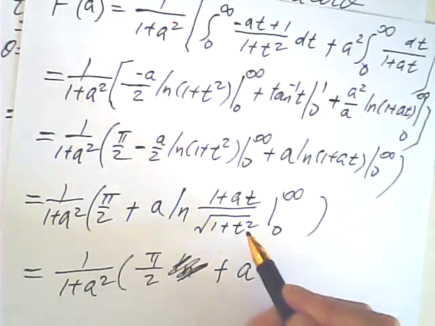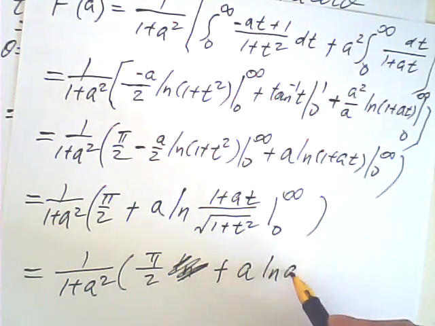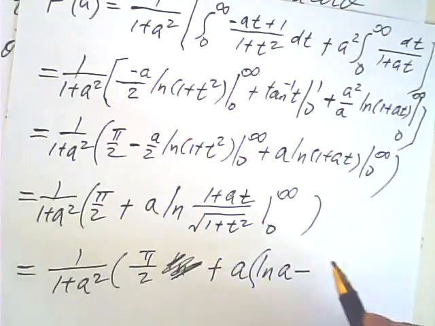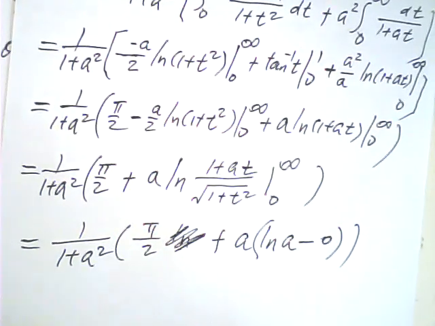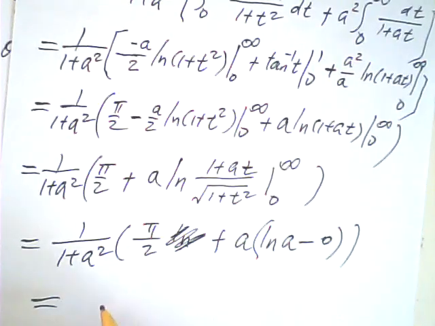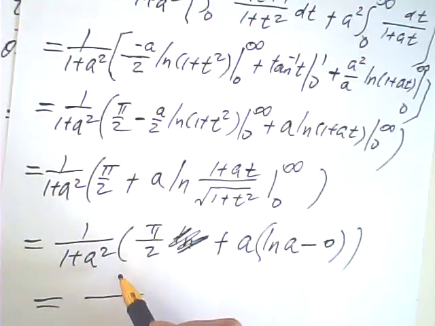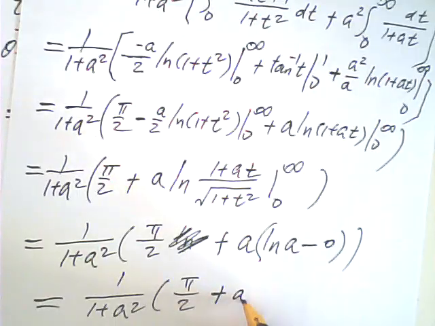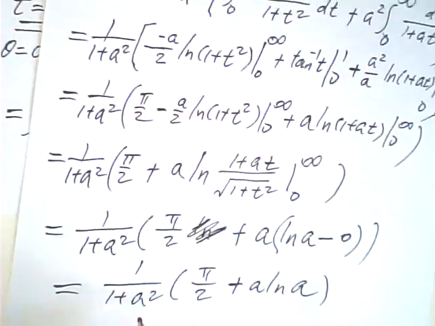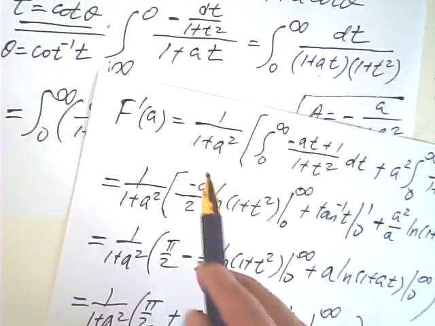It becomes a log a, minus, when t is 0, then 0. Good. So finally I have this. My f prime of a is 1 over 1 plus a squared times half pi plus a log a. This is my f prime of a.